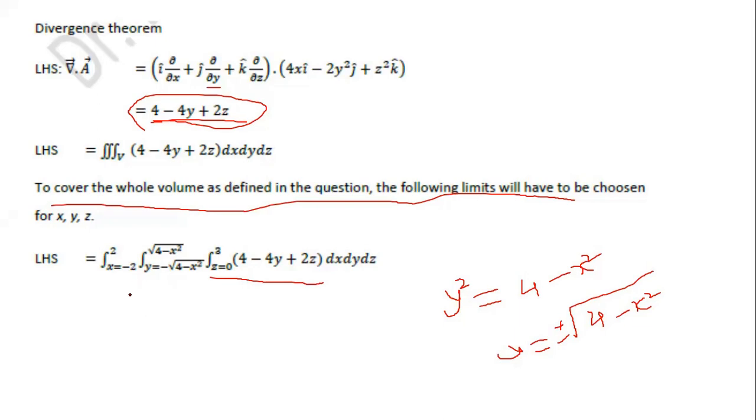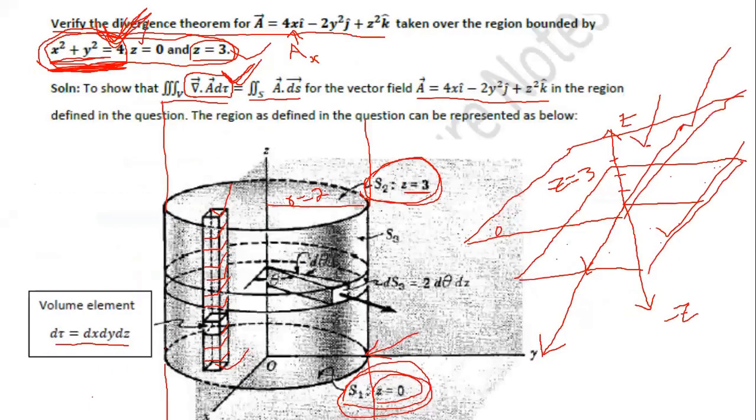And then you have to integrate over x. What is the x value at this point? At this point, x will be plus 2, because the radius is 2. If you go to the back side here, what is the x value at this point? The x value is minus 2.